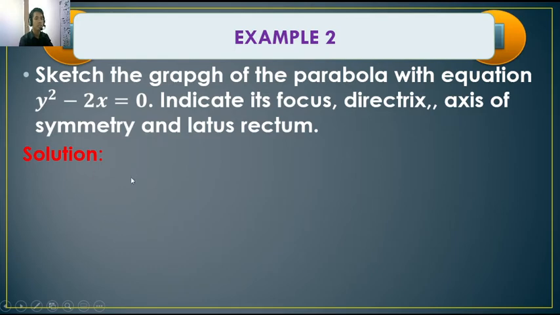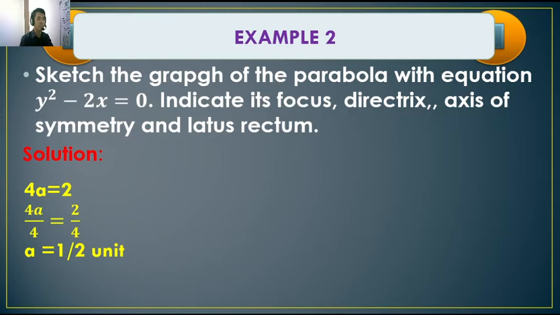We need to solve for a to determine this. So we have 4a is equal to 2, and then divide both sides by 4. a is now equal to 1/2 unit. So a is positive, so the parabola opens to the right.